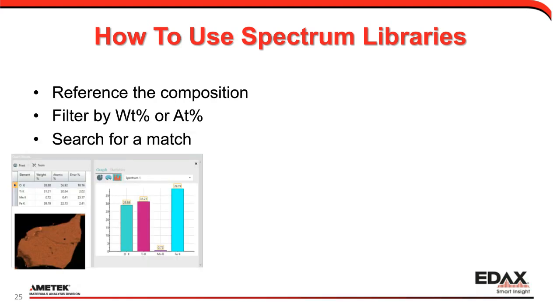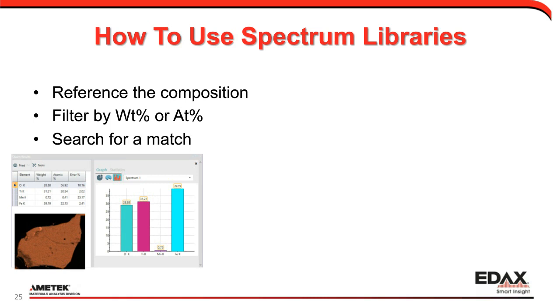In the analysis of the second grain that we're looking at in the CompoMap, I'm going to use a slightly different approach. This is a really nice approach when you know your elements and you want to really hone in on what specific materials might be, or what particular solutions are comprised of those materials. So what we do is we gather our spectrum and then we reference our composition.